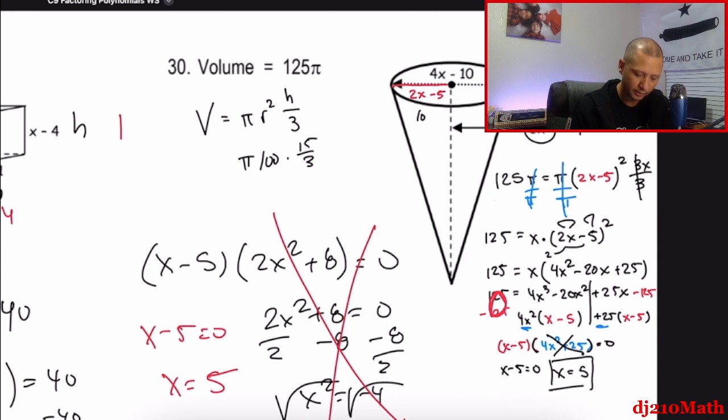The radius is going to be 2 times 5, which is 10. 10 minus 5 is 5. So 5 squared is going to be 25. That makes more sense because now 15 and 3, that makes 5. 5 times 25 is 125, and thus we get 125 pi.